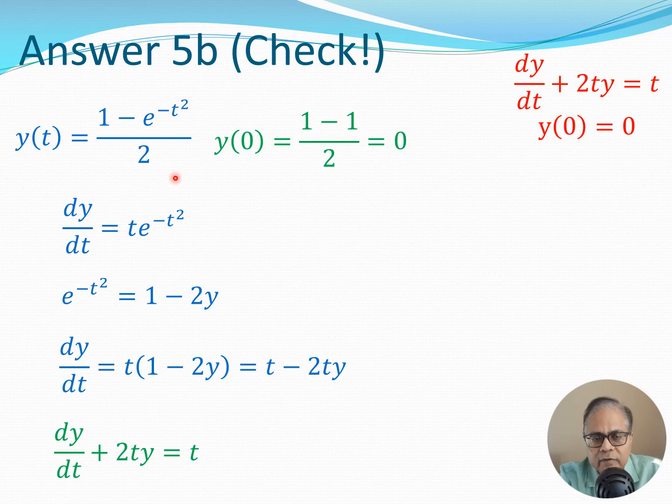That's from the equation of the solution itself. And then I can easily write dy by dt is t into 1 minus 2y. That is, I substituted e to the power minus t square here, and so this gives me t minus 2ty, and that immediately gives me back the actual differential equation. So this particular solution does satisfy this differential equation.